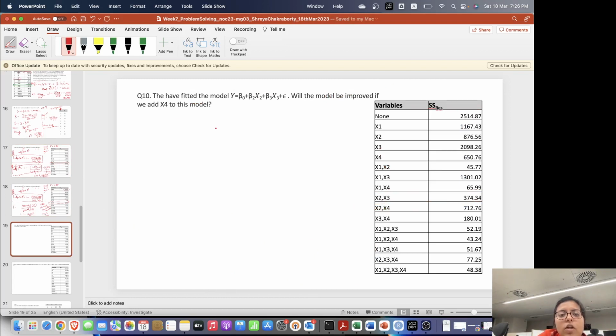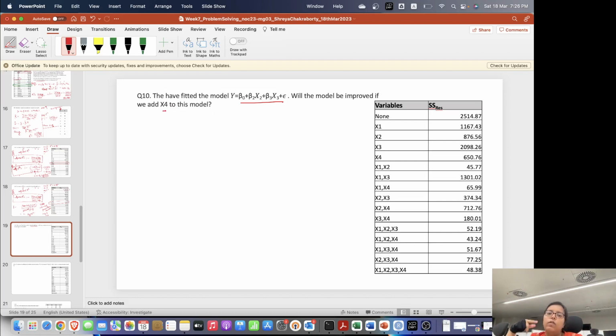Alright, moving on. So we have fitted this model. We want to know if the model will be improved if we add x4. There are two ways to go about this.